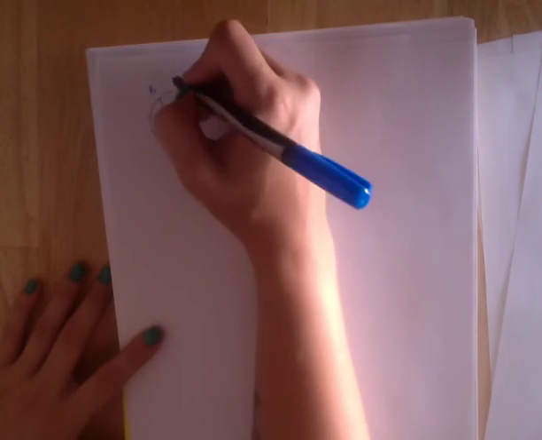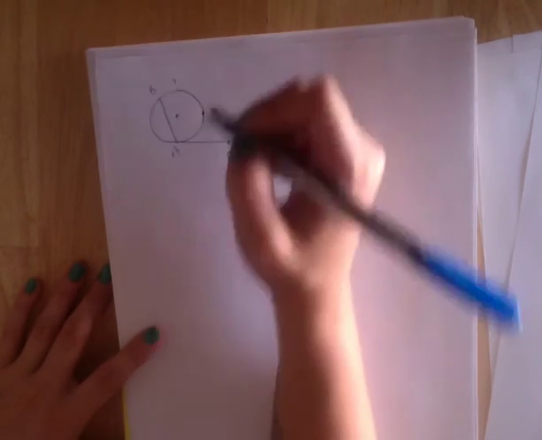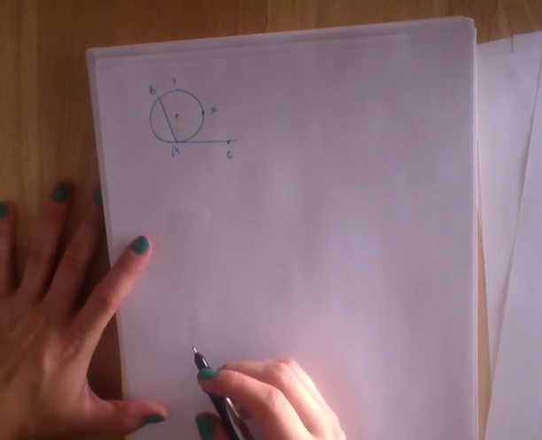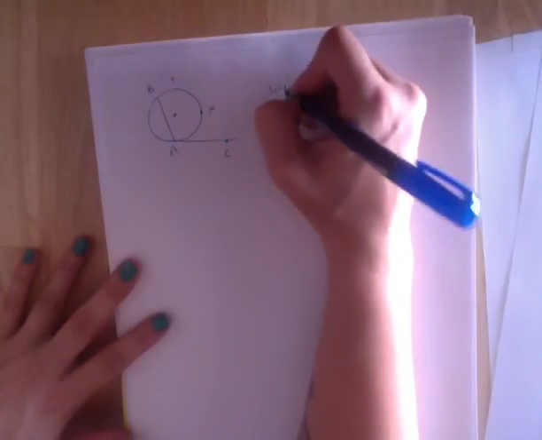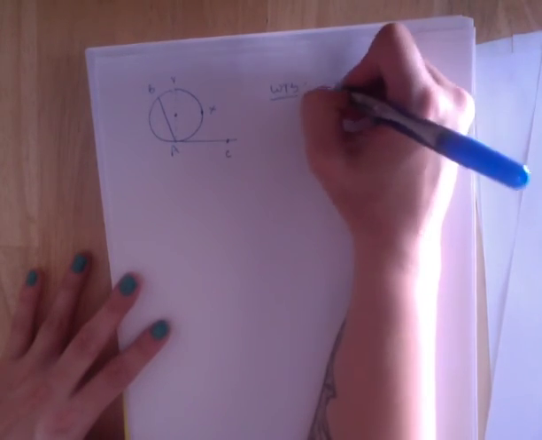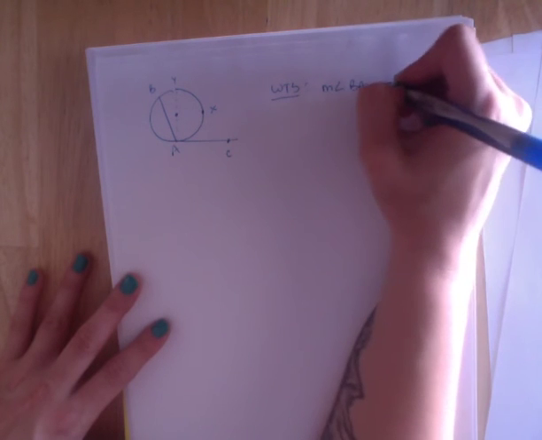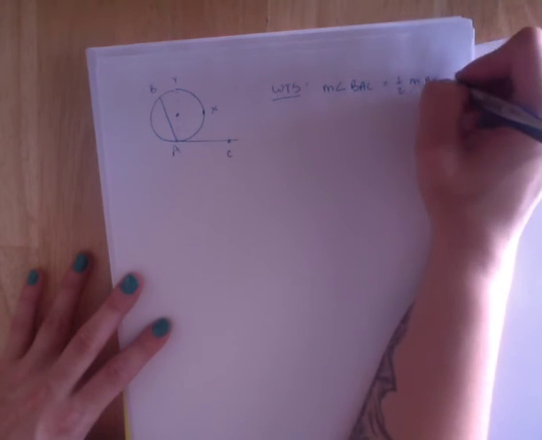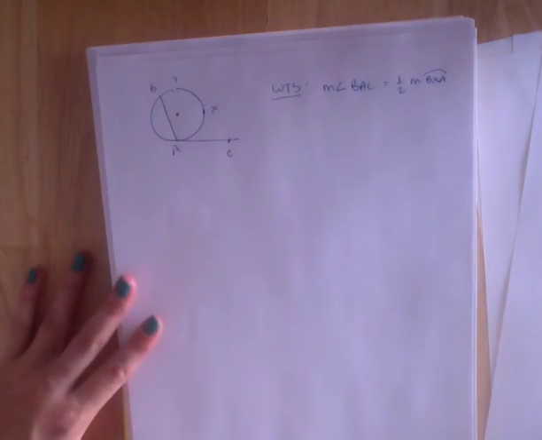BA, this is C, I have Y, X. Now, I want to show, WTS, that the measure of angle BAC is 1/2 the measure of arc BXA. That's what we want to show.